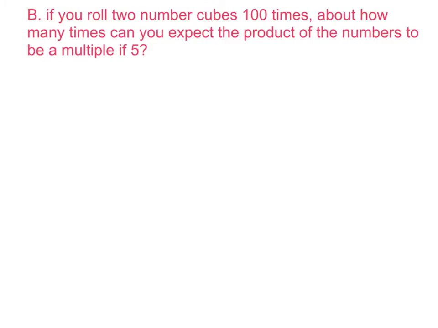So for our next part, if you roll 2 number cubes 100 times, how many times can you expect the product of the numbers to be a multiple of 5? So we're going to use that proportion again. If we roll it, we have 11 out of 36 possibilities. So we want to know how many times out of 100 we could possibly get it.